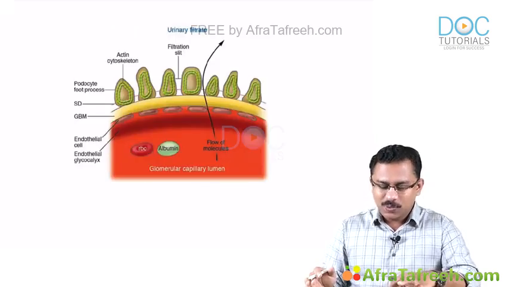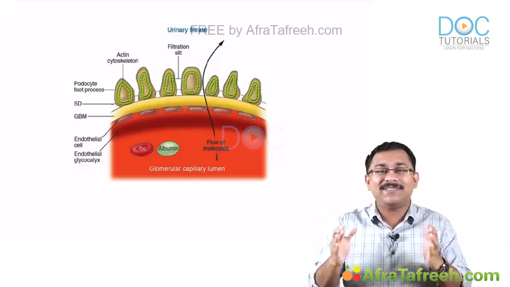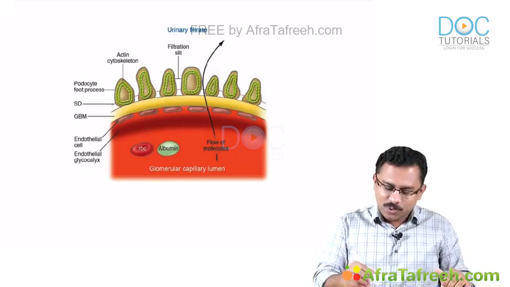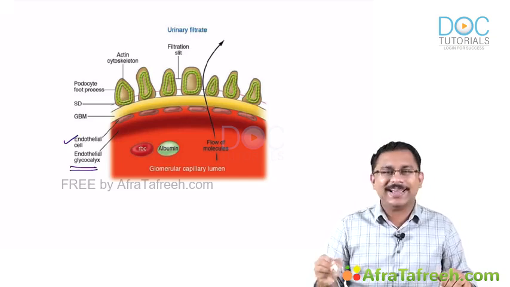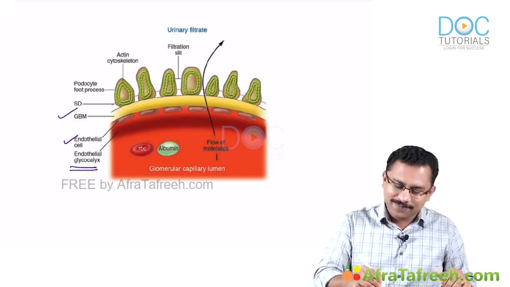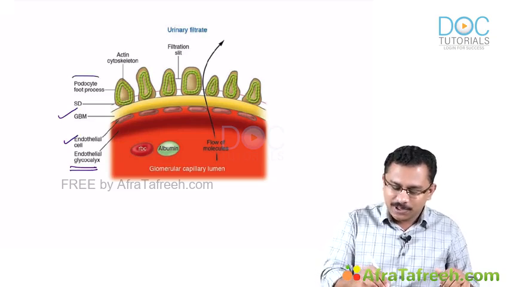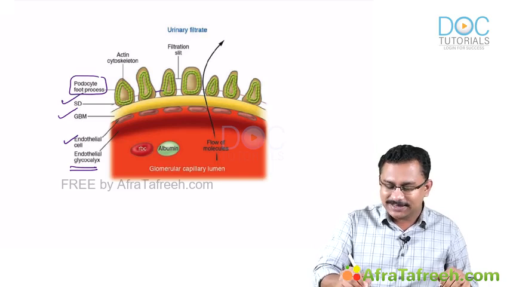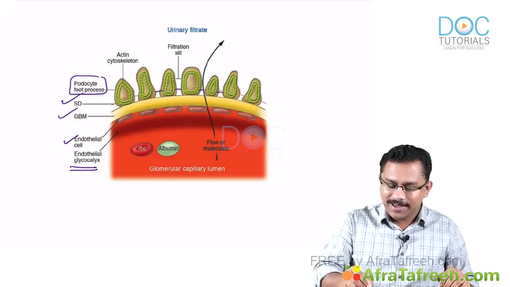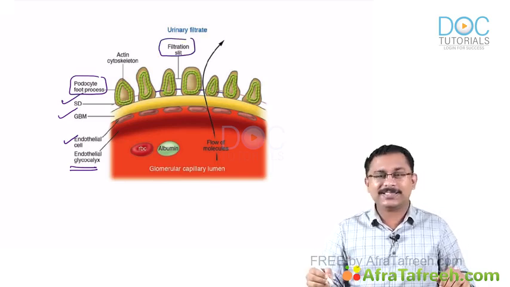Now, just to sum up what we have learned so far, you have an endothelial cell with an endothelial glycocalyx covering, you have the glomerular basement membrane, you have the podocyte foot processes, and you have the slit diaphragm that is connecting here. In between you have the filtration slit.